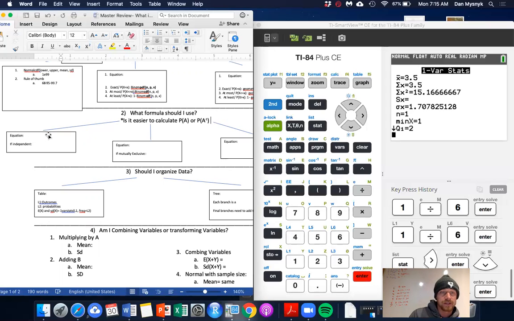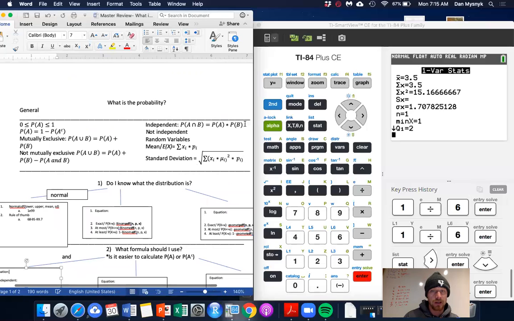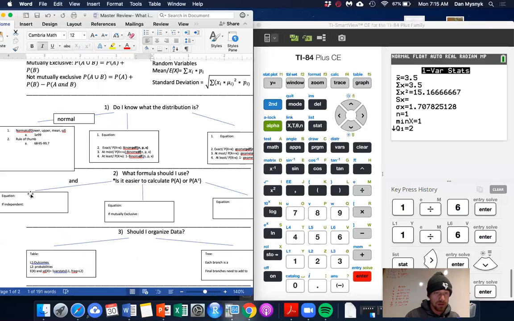But if it says and, this bracket over here is and. If it says and, your equation is what we talked about up here. The and equation is this.